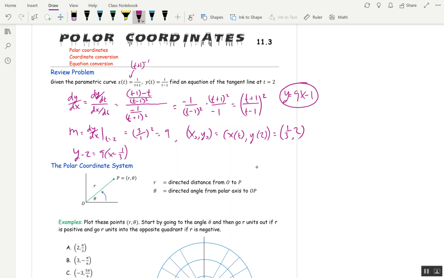And theta is the angle from the positive polar axis, which is the positive x-axis, to the line subtended by the point. So if I draw a line between the origin and the point, theta is the angle between the positive x-axis and that line. If theta goes this way, that's negative theta.